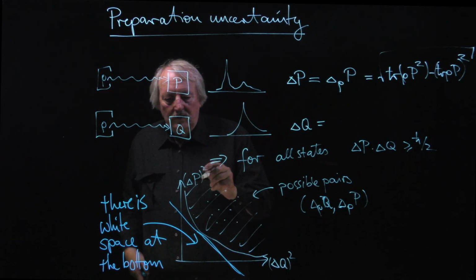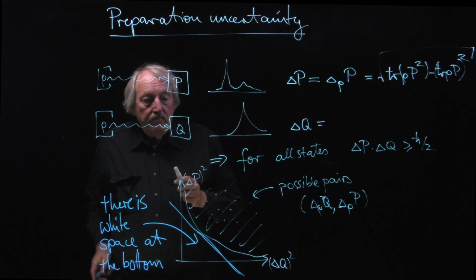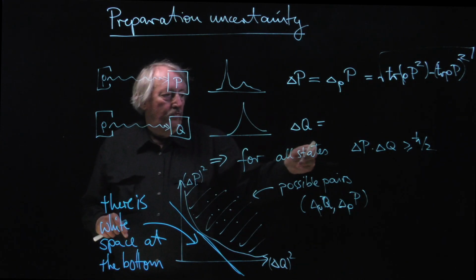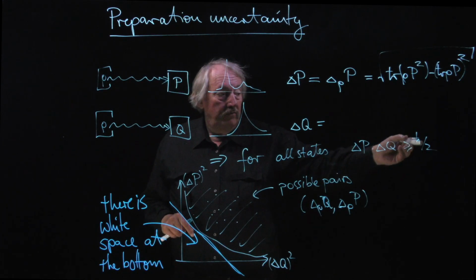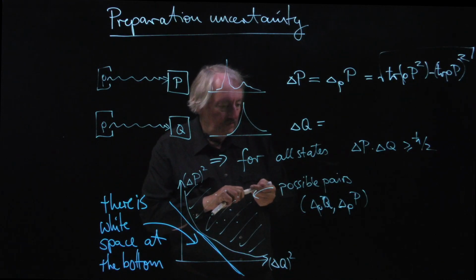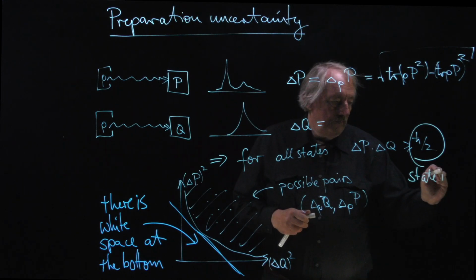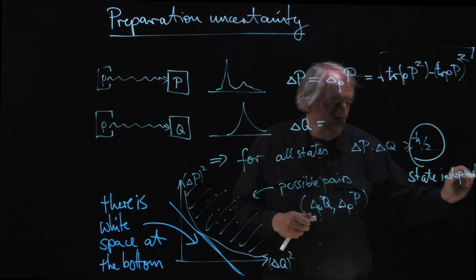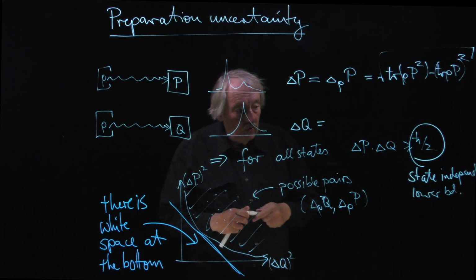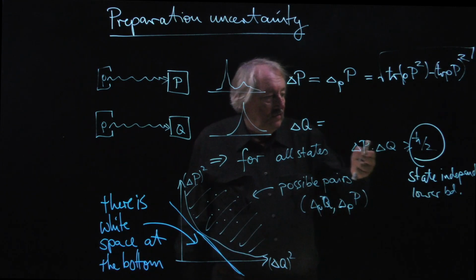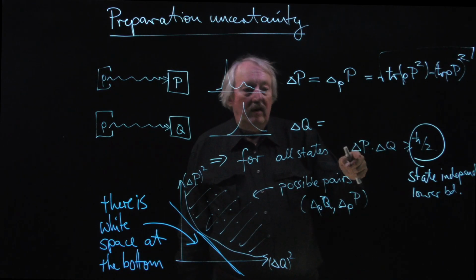Actually, in finite dimensional quantum mechanics, which is much of what quantum information is about, this product form is really bad, because we are looking for state-independent lower bounds. In the finite dimensional situation, the best state-independent lower bound for the product is zero, because you have eigenstates.